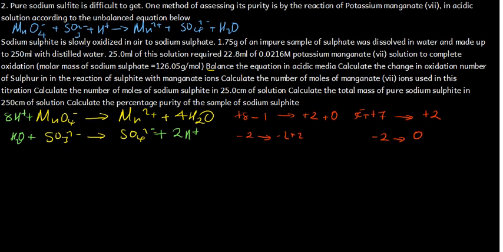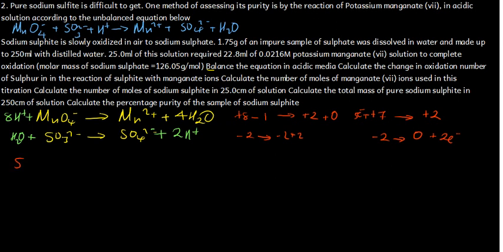Now what number can you remove from 0 to get to negative 2? It is 2. So 0 minus 2 is going to give us negative 2. And so removing 2 is the same as adding 2 electrons. So that becomes it. And so this is telling us that for the first half reaction, on the reactants we are going to add 5 electrons.